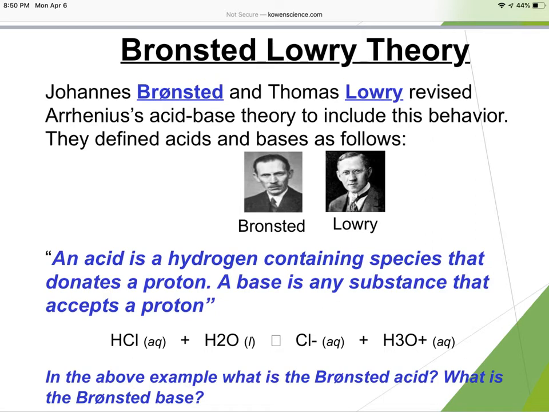So the Bronsted-Lowry definition of an acid is that it is a proton donor, meaning it can give up hydrogens, and the Bronsted-Lowry definition of a base is that it is a proton acceptor, meaning it can accept a hydrogen.